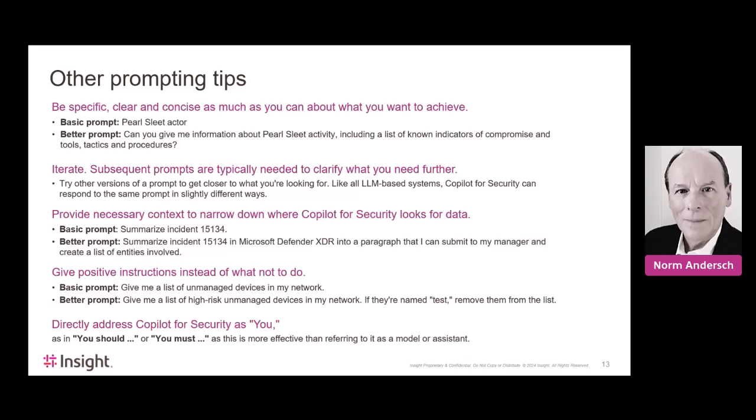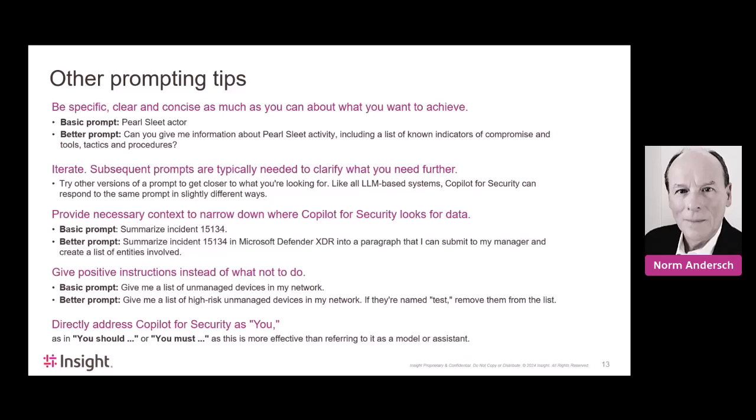Okay, so the next one is important as well. It gets better results. Give positive instructions about what not to do. Don't tell it that. Tell things in a positive way. Say, for example, give me a list of unmanaged devices in my network. A better prompt would be, give me a list of high-risk unmanaged devices in my network. If they're named test, remove them from the list. Those are two positive things that Copilot can work on.